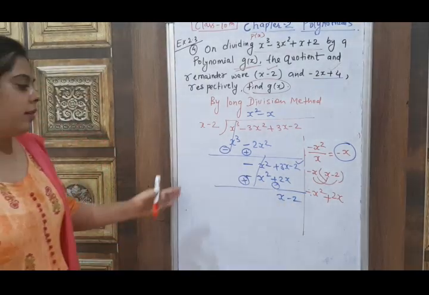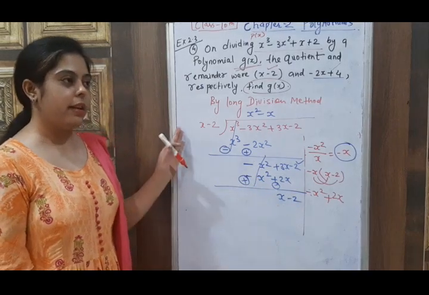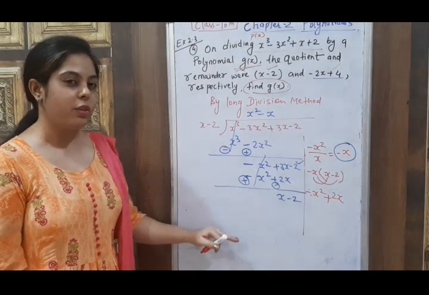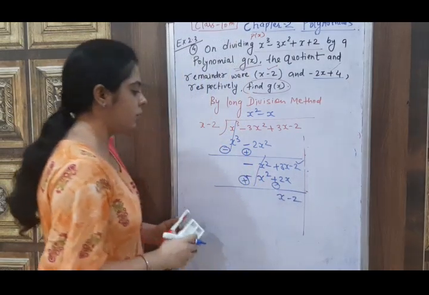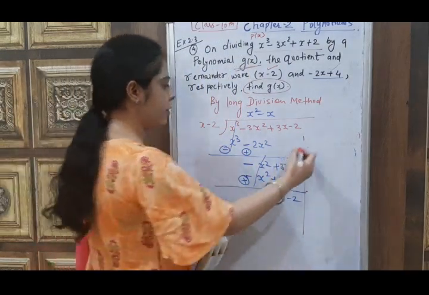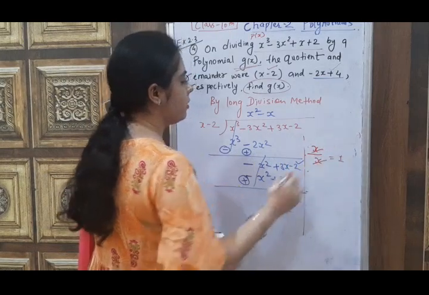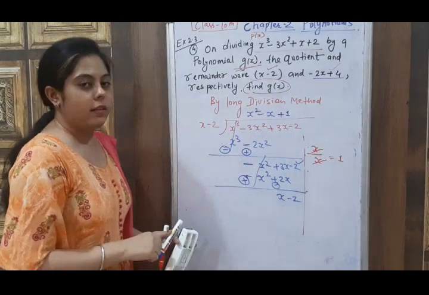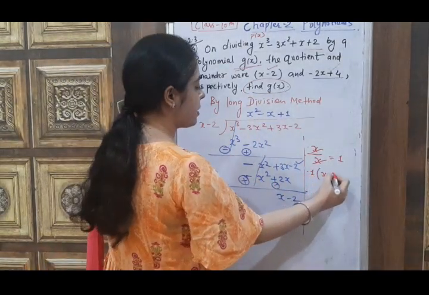Now again you can see that the degree of this polynomial is 1, and here the degree of this polynomial is 1. So it means that we have to continue this division. So again we have to divide this first term by the first term. So we get here 1. So this 1 will be the next term of the quotient, and we have to multiply this 1 by x minus 2.